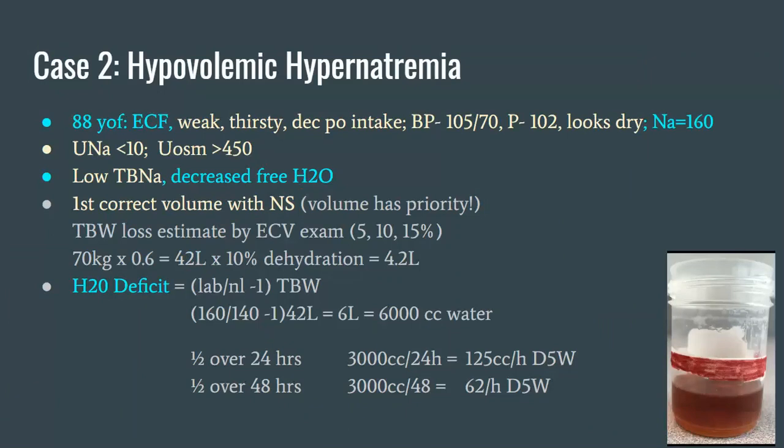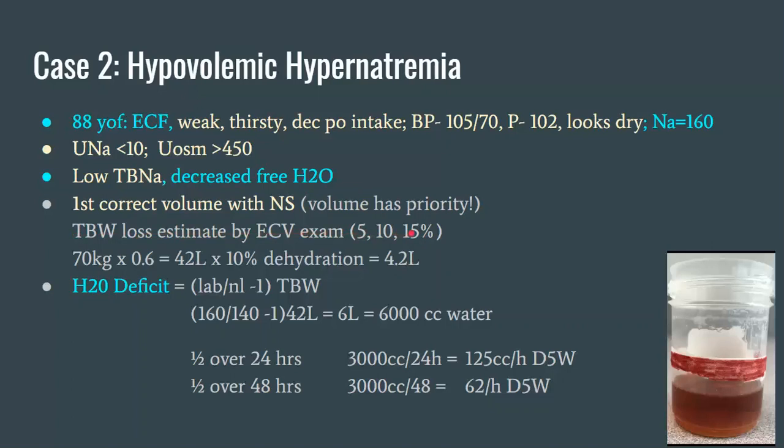Again, we always want to correct volume first. So we want to correct with normal saline. Volume has priority. And then we can figure out the free water deficit. So this is a scenario where we can correct volume by 5, 10, or 15% dehydration, because this is really the primary problem.